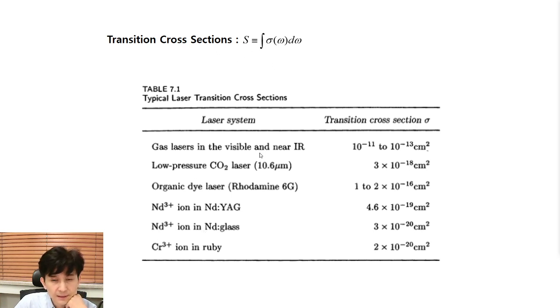So these are a few numbers for the transition cross section S for the CO2 laser gas and neodymium doped ion in the neodymium YAG crystal, and so on. Those are basically in the range of 10 to the minus 20 to 10 to the minus 13 centimeter square.